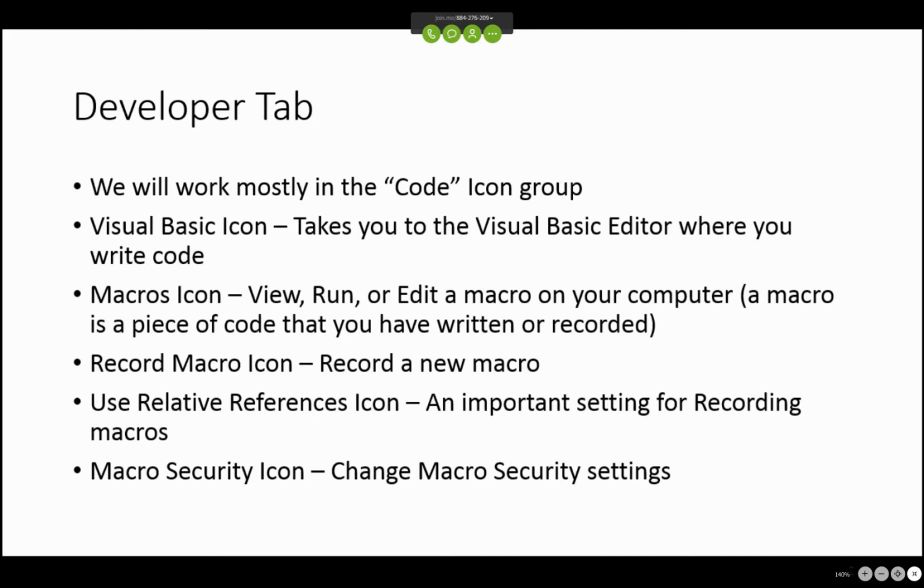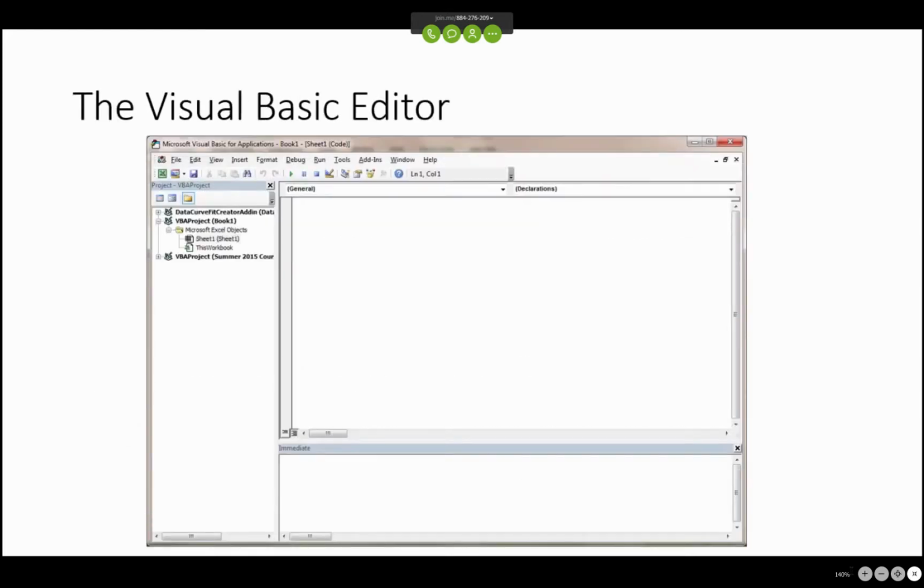Okay, this is the Visual Basic editor. This is the code window where you write code. Here's the project explorer, where you have the different workbooks and worksheets and modules. And this down here is the immediate window, which we'll be using today.